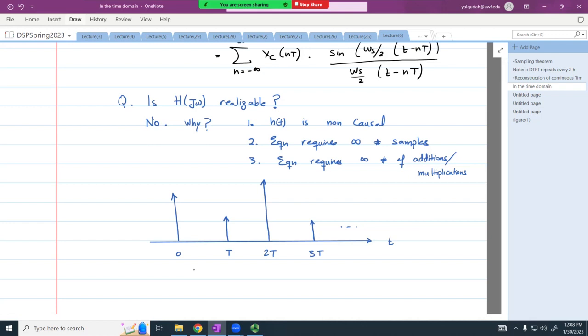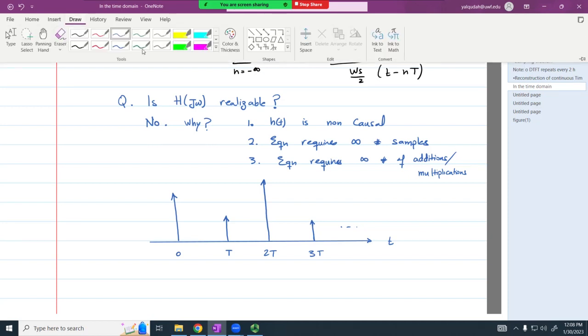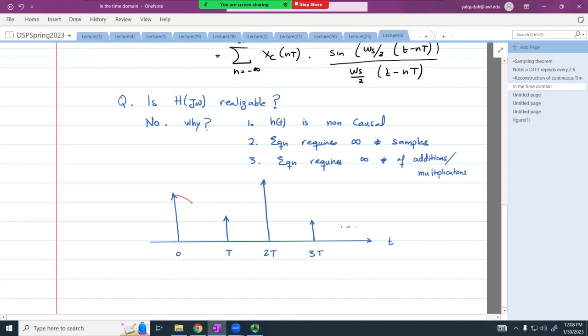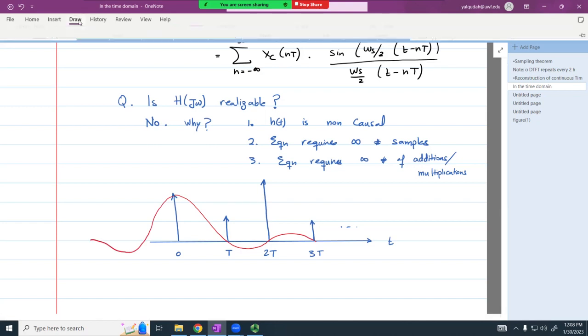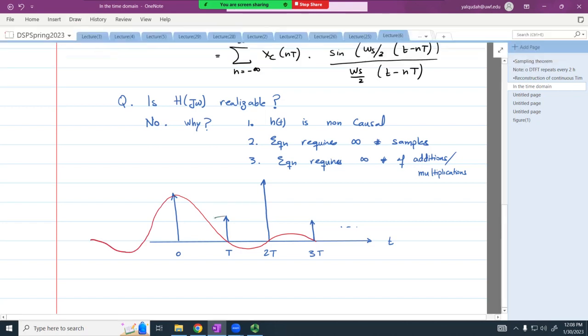Each one of these is going to generate a sinc. Agree? So I'm going to get a sinc that looks something like this from this impulse here. The second one is also going to generate a sinc for me. The third one is going to generate a sinc for me.